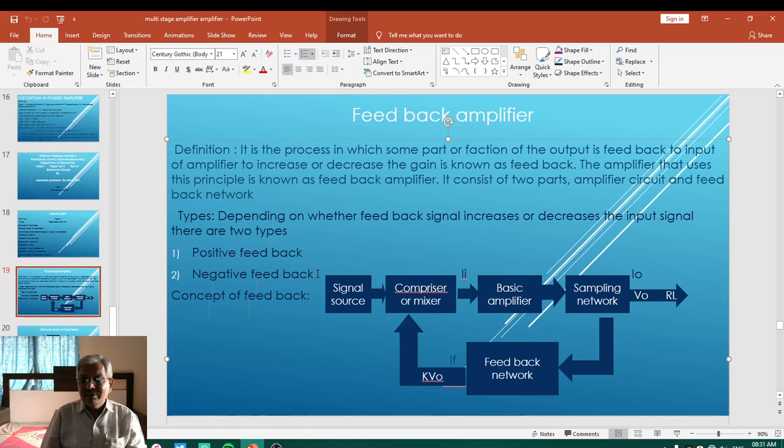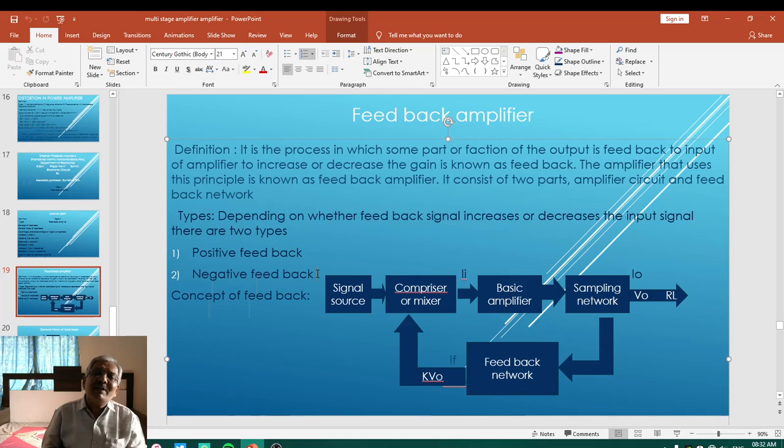And when the feedback signal is out of phase with that of the input signal, it is subtracted from the input. And when the feedback signal is subtracted from the input, it will decrease the input signal. And this decrease in input signal decreases the output voltage by decreasing the gain.